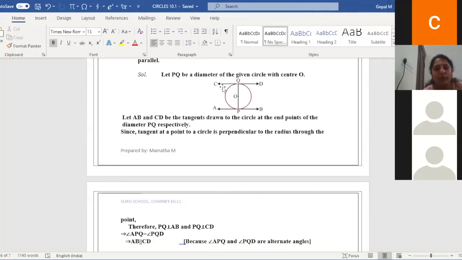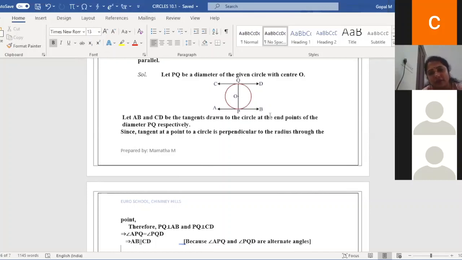Also PQ is perpendicular to CD. Then APQ is equal to PQD. Either you can take it how I taught, or you can take directly APQ and QPD also. So both are equal, which means it is nothing but alternate angles. Therefore AB is parallel to CD.